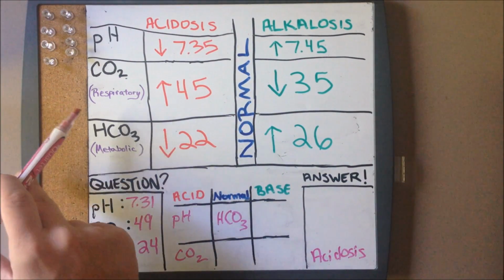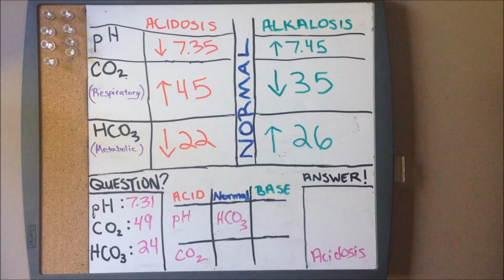Therefore, CO2 is respiratory. What we have is respiratory acidosis. Now, if pH was over here in the basic column, for example, if this question were different, whatever would fall in this box in the same column as pH would be the cause of the problem. Let's move on to the next question, give you another example, help you get a better understanding of this concept.